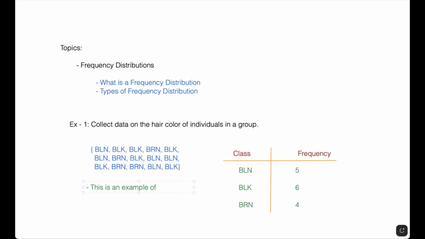So this is one of the types of frequency distribution, which is basically what we call a simple frequency distribution, where the classes are attributes or categorical data, right?